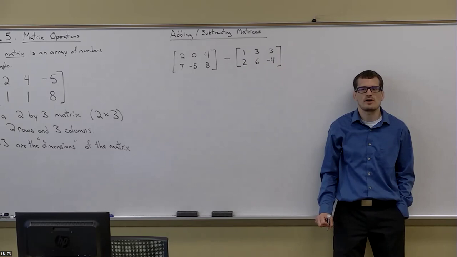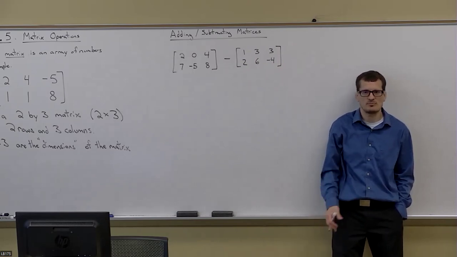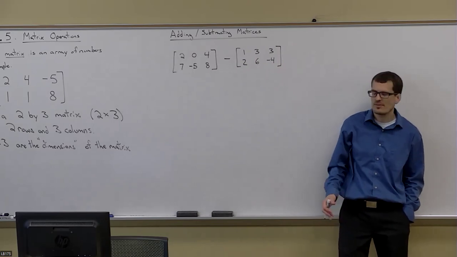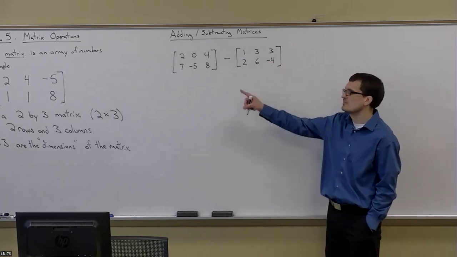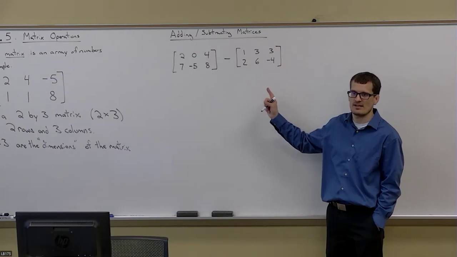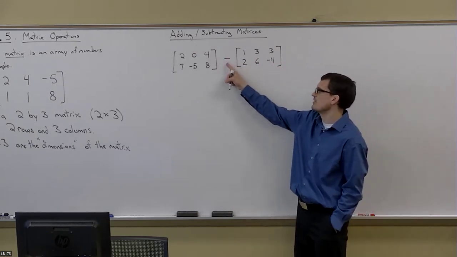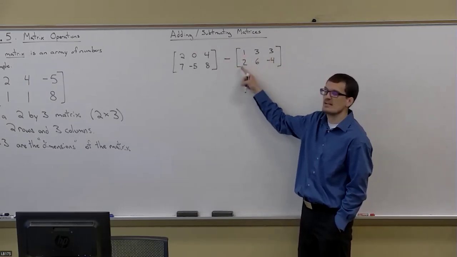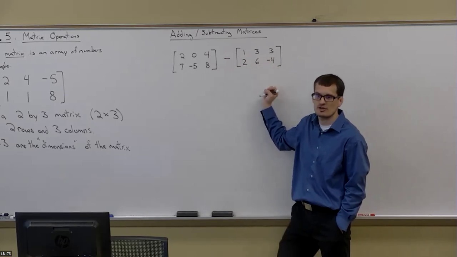Well, just like when we were adding, we have to make sure the dimensions match up. If the dimensions don't match up, we can't subtract either. But you can guess what's going to happen, right? We're going to basically distribute this negative into every single entry.